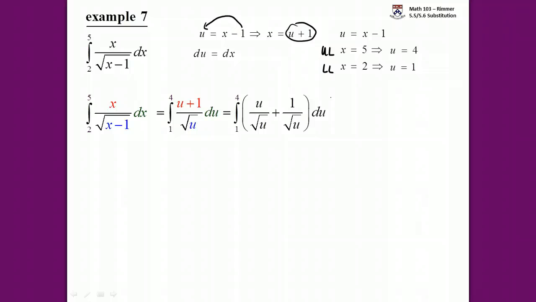I mean, they're not polynomial terms, but we can do the power rule in reverse. So u divided by root u is just a root u. If I have u to the 1 and u to the half, and I divide, I subtract the exponents, and I get u to the half. One way to look at it. And then this guy, I'm going to call that u to the negative a half. So I'm ready to use the power rule in reverse on that.